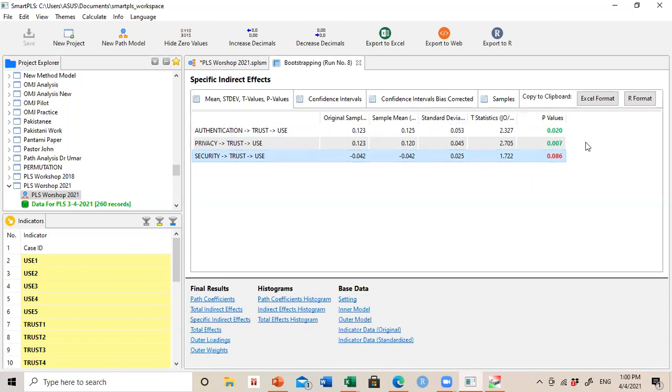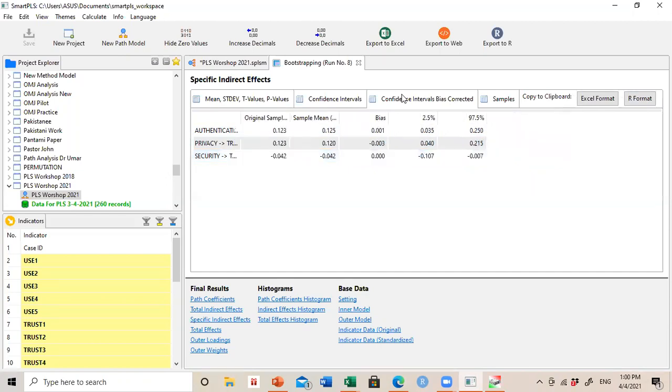Even if you don't report the confidence interval in a direct relationship, in mediation it is compulsory that you must report the confidence interval, and it works the same way: if there is no zero in between, you consider it significant.